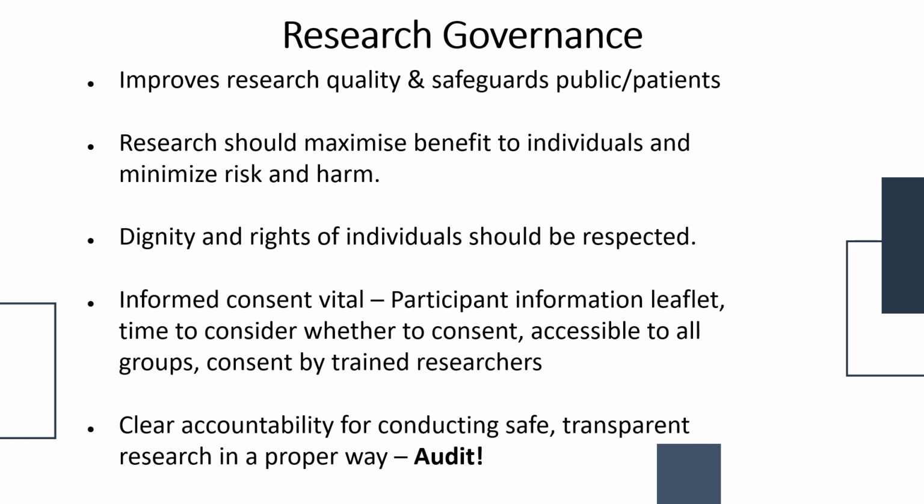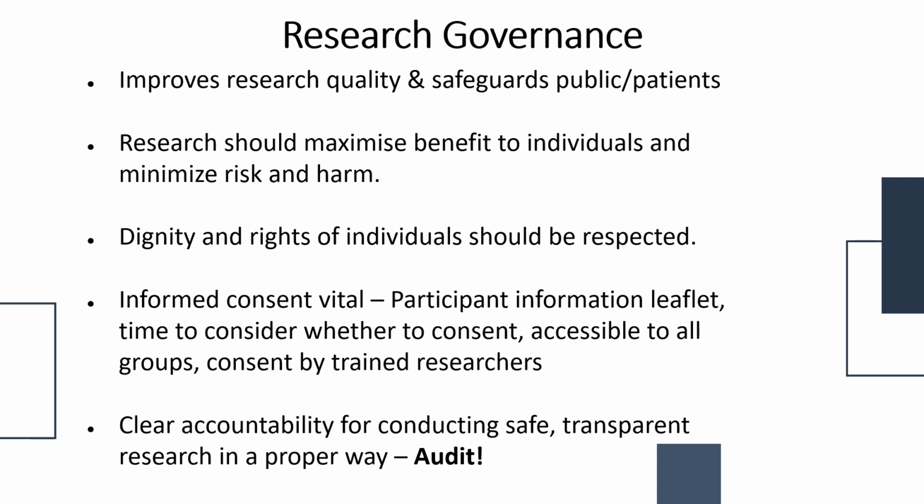And your information should be accessible to all groups, so you should make sure you can get your information in different languages, or you may need to have support if there's a disability in order to translate your information leaflet to an accessible format. And when consenting for a research trial, it should always be by trained researchers.